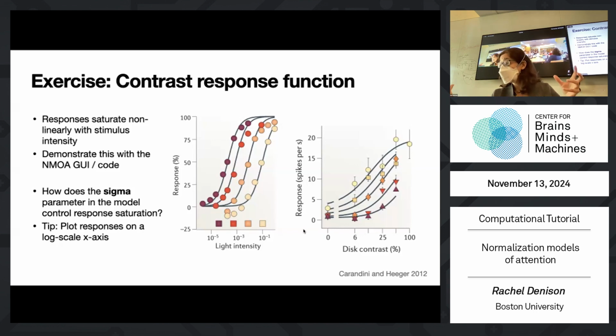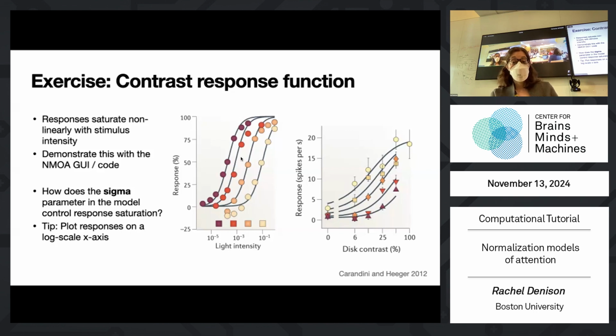This would be in the stimulus amps, stim amps. That's the contrast of the stimulus. See if you can generate a contrast response function. And then if you can do that, we want to ask, how does that sigma parameter actually control the response saturation? We think that sigma should help us shift this thing to the left and the right, right? That's the idea.